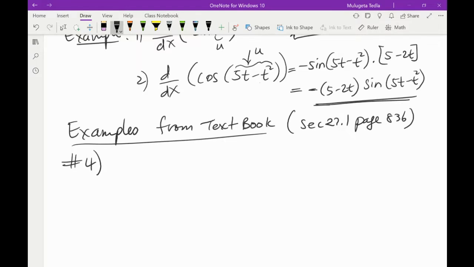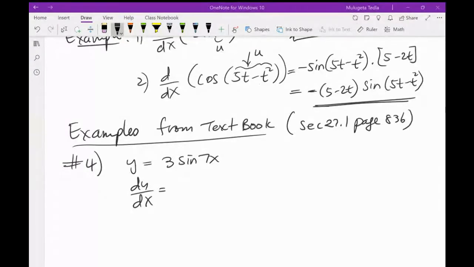The easy questions are the early ones: y equals 3 sine of 7x. What's dy by dx? Do it together with me. What's the derivative of 3 sine of 7x? 3 multiplies, it's 21 cosine 7x.